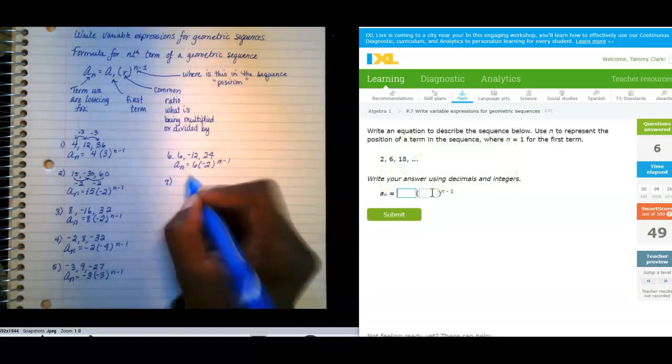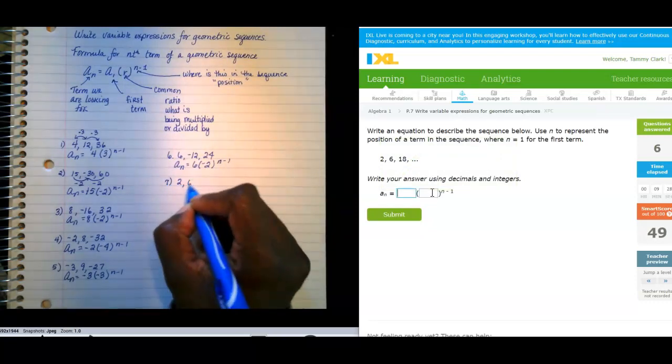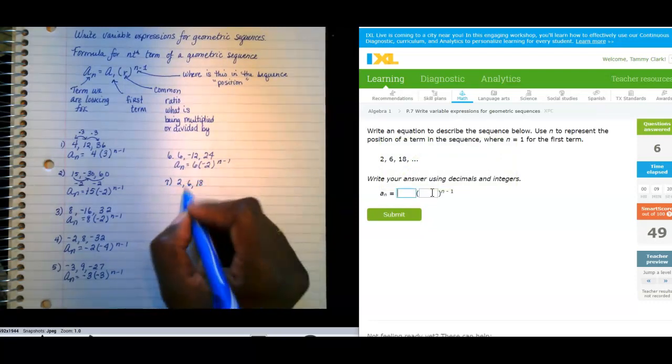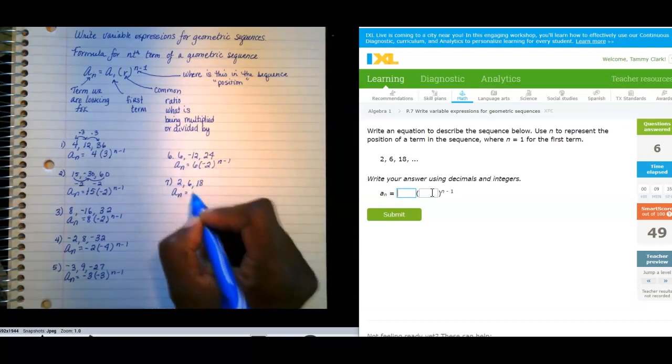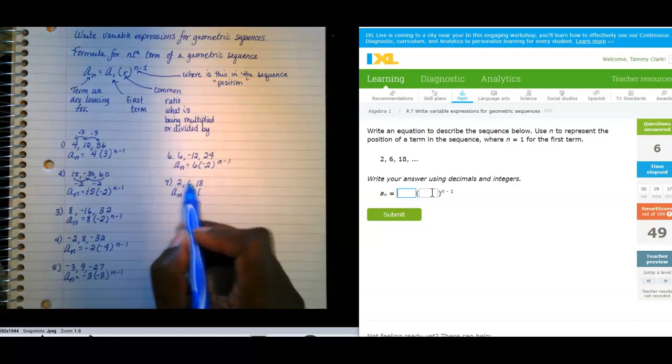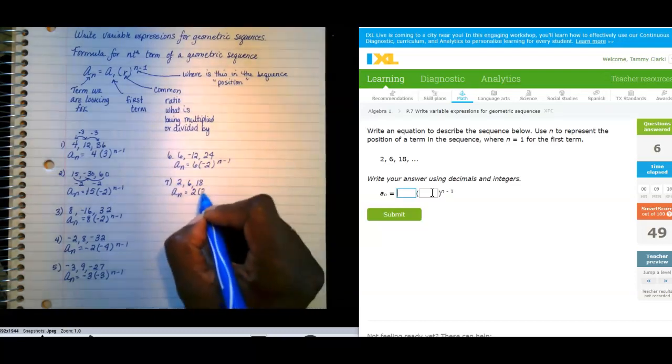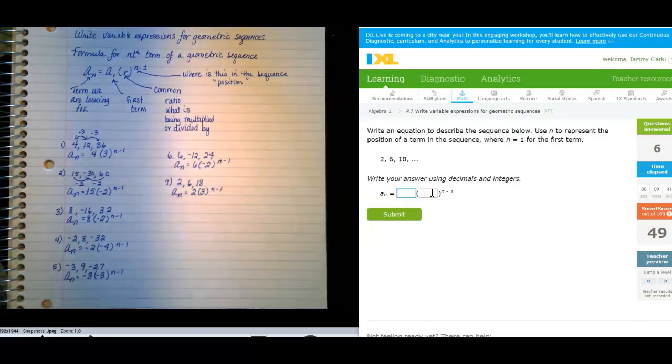Number 7 here, we've got 2, 6, 18. Hopefully you see it already. So a sub n is equal to, our first term is 2. We're multiplying by 3. So n minus 1.